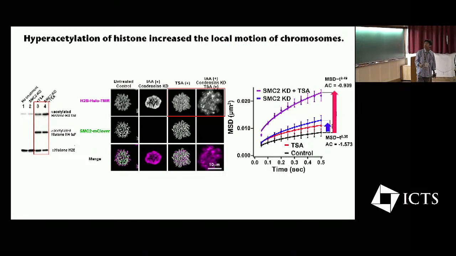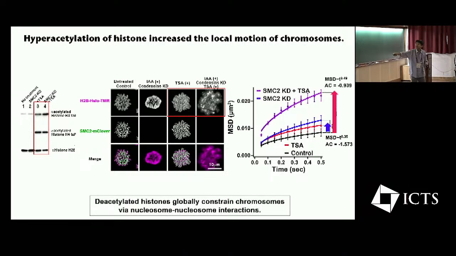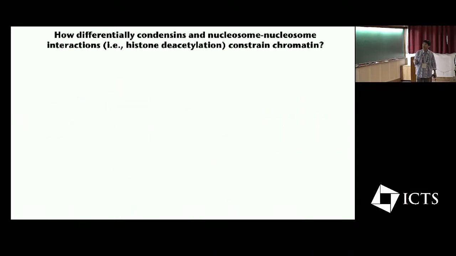So these results suggest that deacetylated histones globally constrain chromosomes via nucleosome-nucleosome interactions. The nucleosome-nucleosome interaction is very important for global compaction. Finally, we wondered how condensins and nucleosome-nucleosome interactions differentially constrain chromatin.